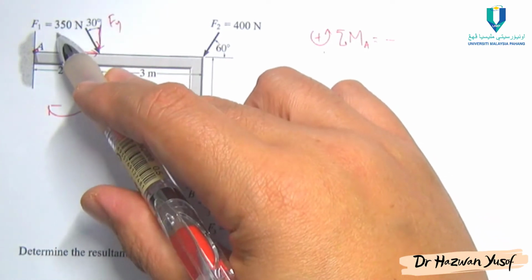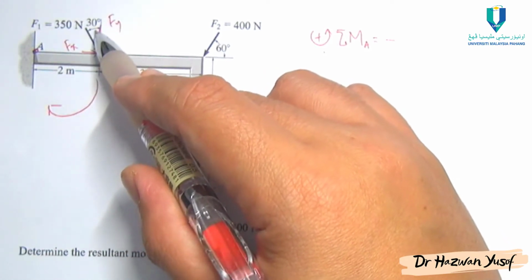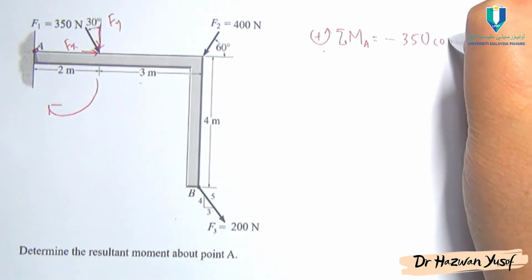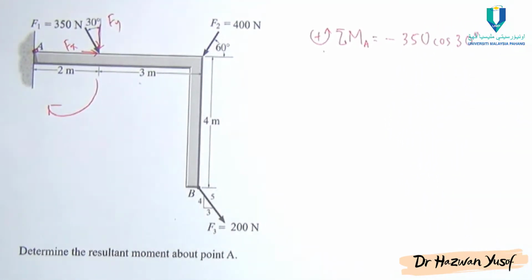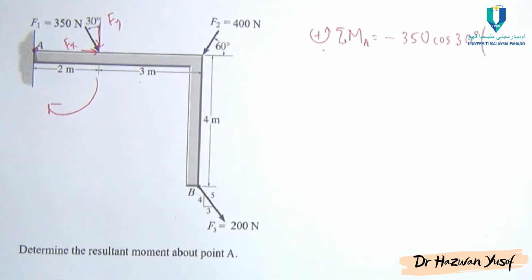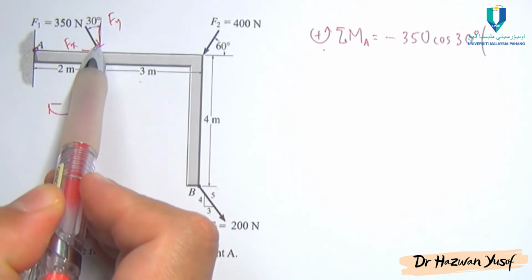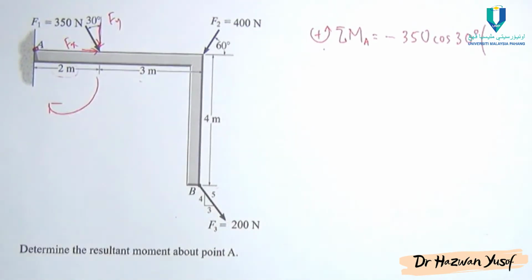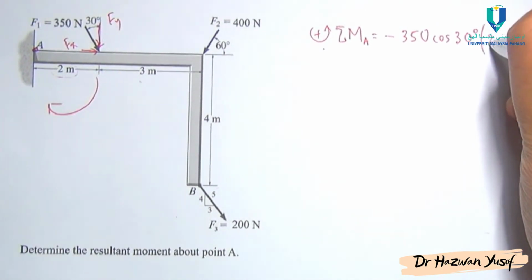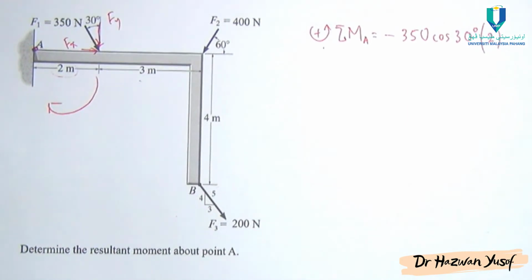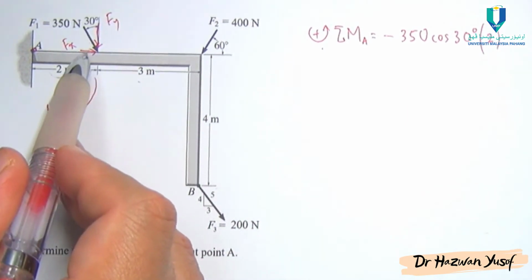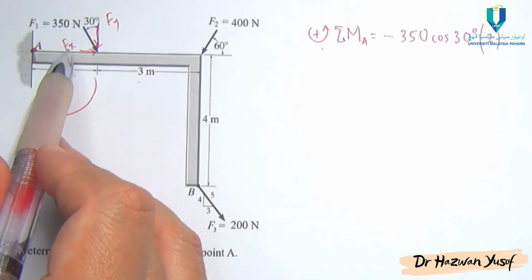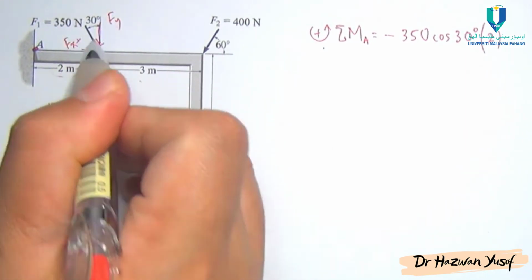Fy is 350 Newton cos 30 degrees. And then the distance, the 90 degree distance from here to here, is 2 meter. Our Fx here is acting along point A, therefore Fx has no moment.